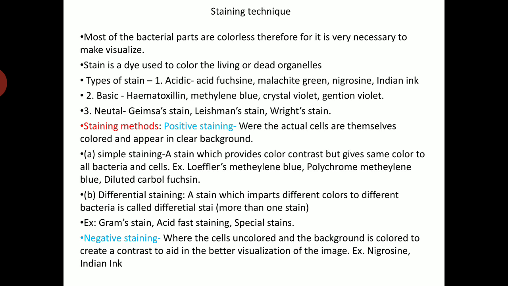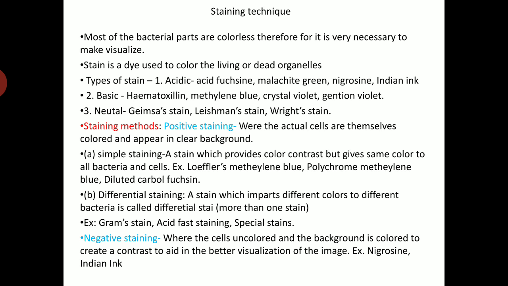The second type is basic stains, for example, hematoxylin, methylene blue, crystal violet, gentian violet, etc. The third type is neutral stains, for example, Giemsa's stain, Leishman's stain, Wright's stain, etc.